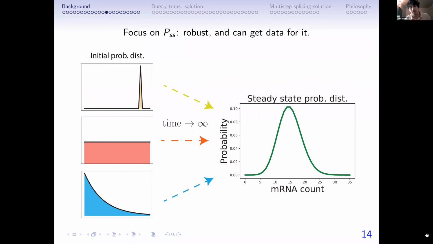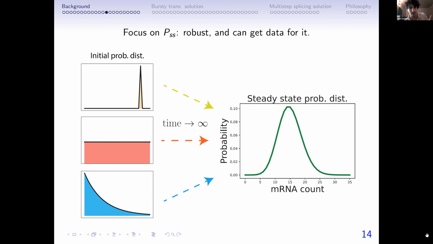And naively, you might say, well, this is a pain because imagine it looks like this right now versus that right now. Maybe since the starting distributions are very different, they'll evolve into completely different things and we'll really have no hope of understanding what's going on. But a nice feature of these kinds of theoretical models is that they tend to converge to a unique probability distribution.